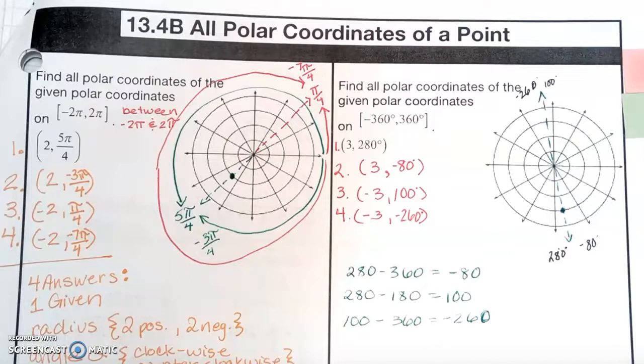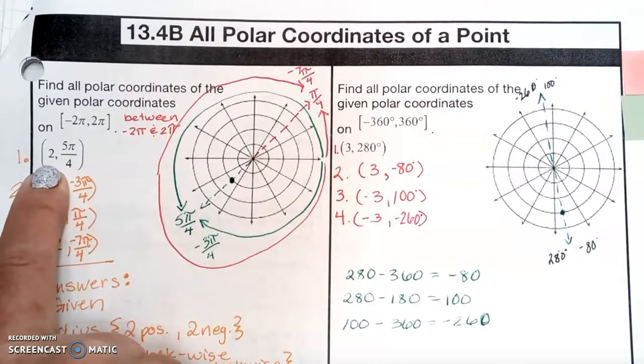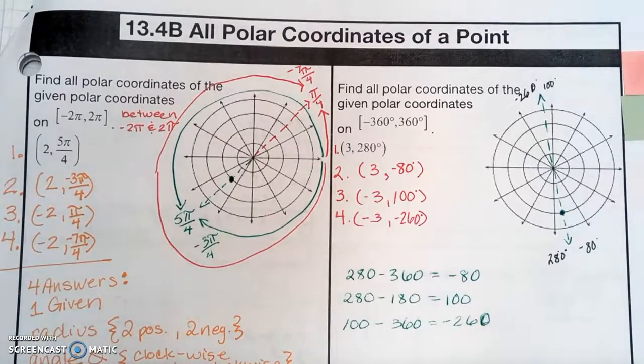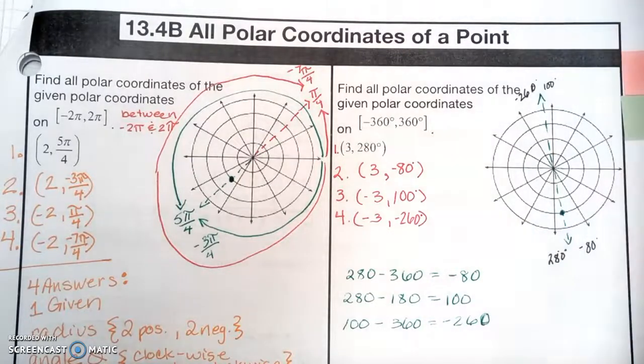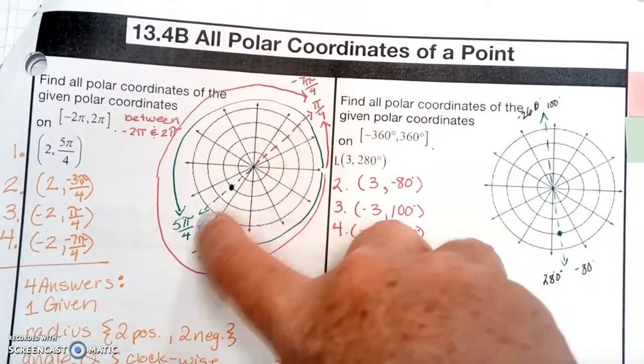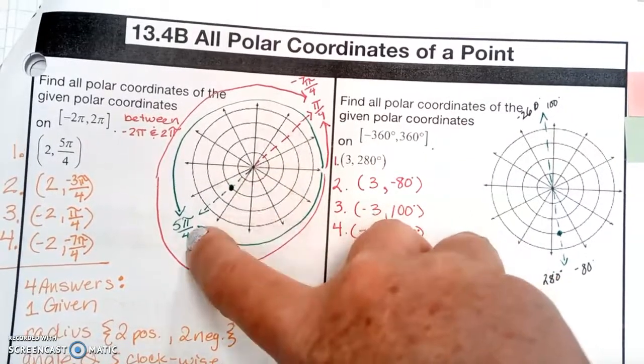Okay, so the point that they're giving us on the first one is 2 units. That's the radius, or what we learned yesterday was the distance, and it's at 5 pi over 4. So if you go on your unit circle to 5 pi over 4, you're at 225. It's between the 30 and the 60 right here, so I just drew it in.